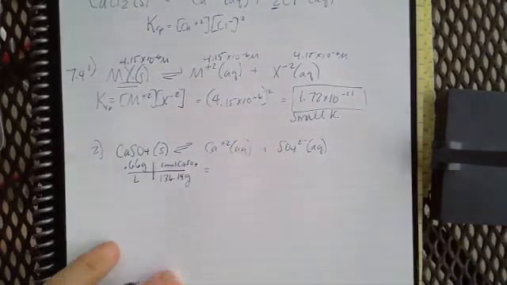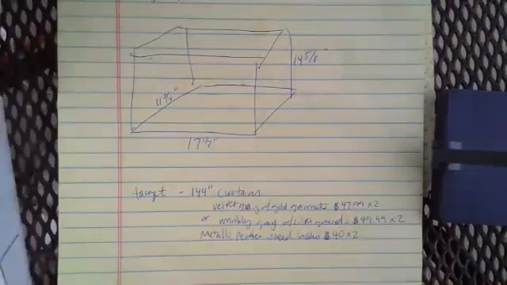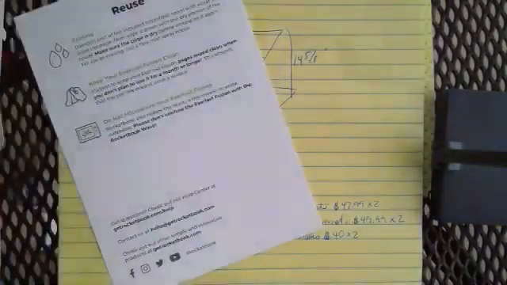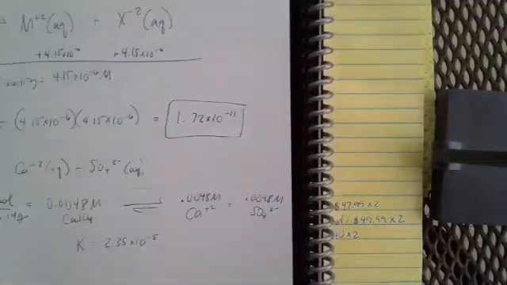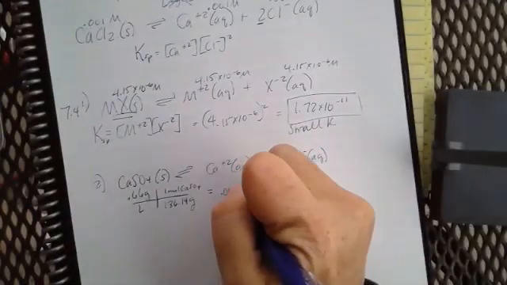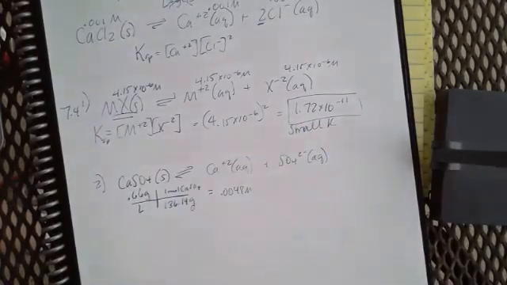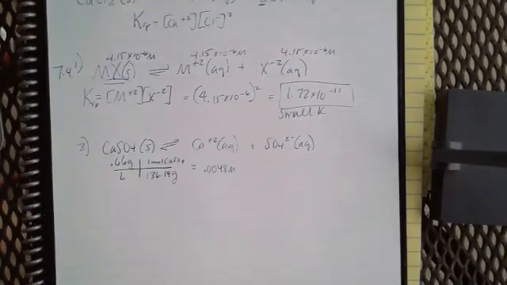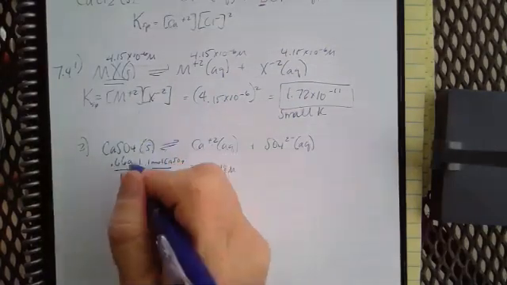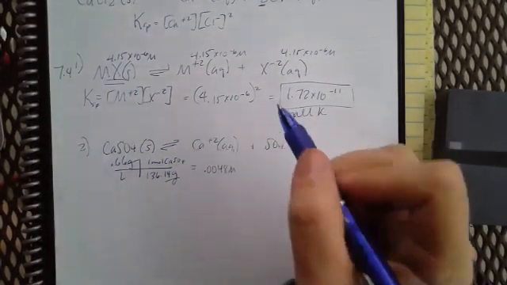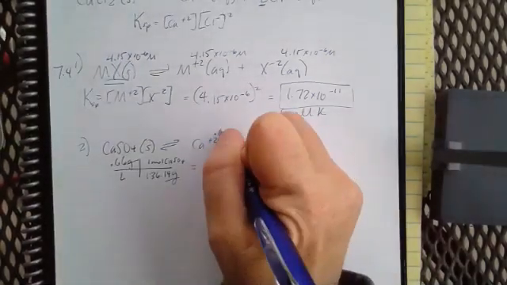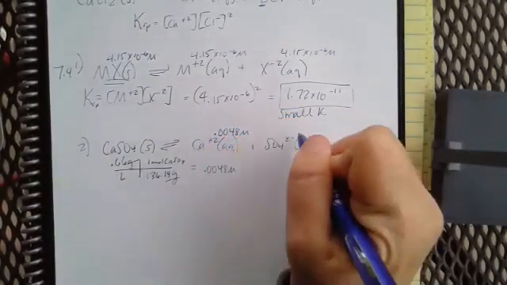And that gives me a molarity of 0.0048. So my grams cancel out, and I'm left with moles per liter. All right, so each one of these is going to be 0.0048 molar.